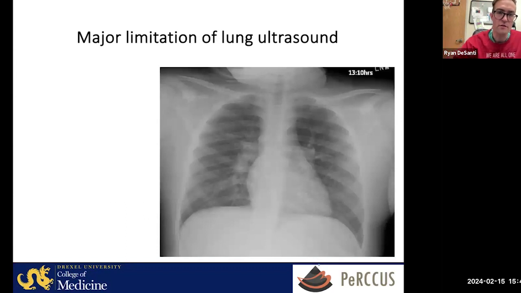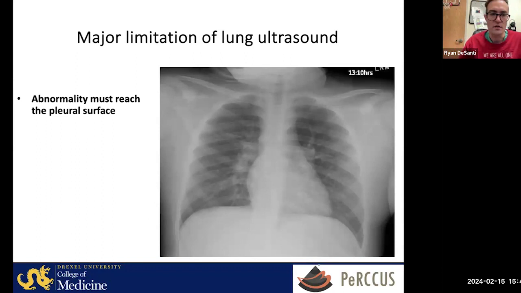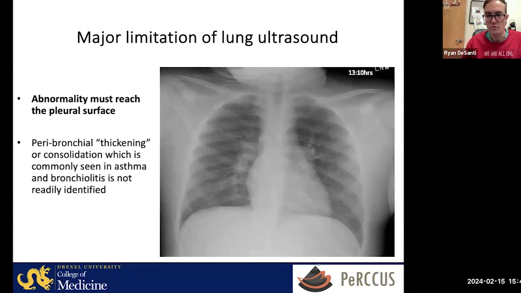One of the major limitations to be aware of with lung ultrasound is that the abnormality must reach the pleural surface in order to be identified on the lung ultrasound. So one of the things we commonly see, or at least I commonly see in X-ray reads, is peribronchial thickening and peribronchial consolidations, as commonly seen in things like asthma and bronchiolitis.